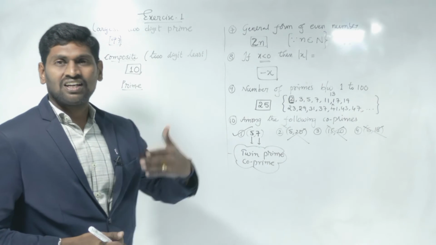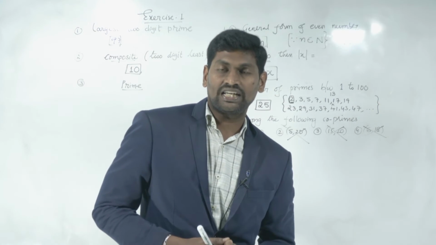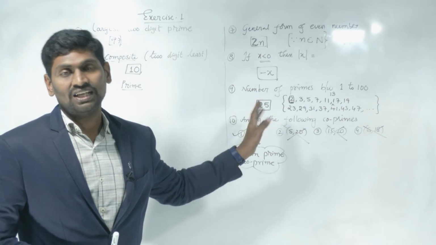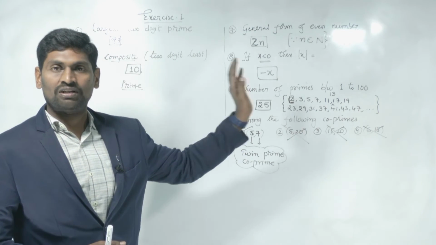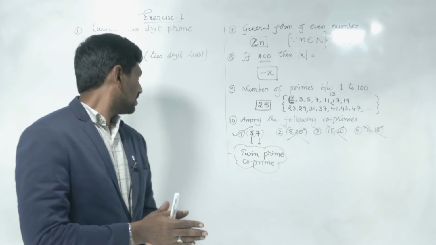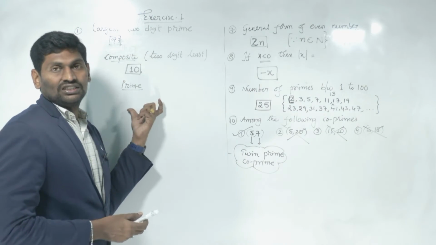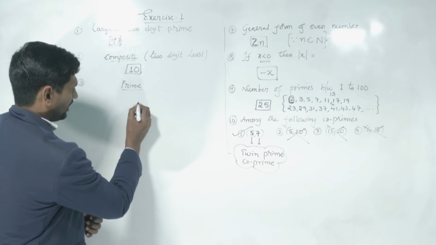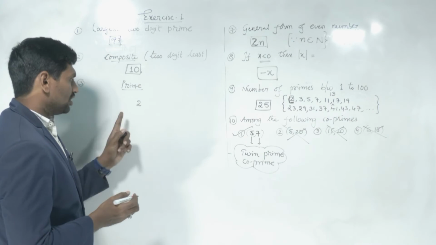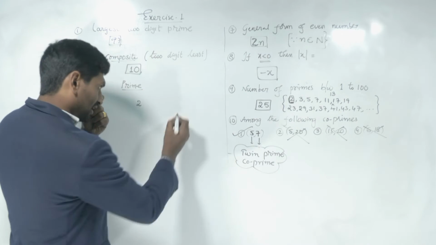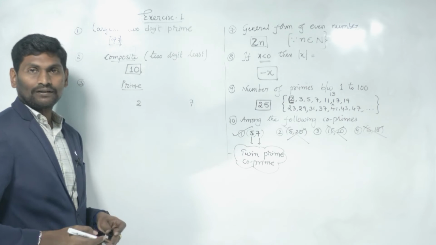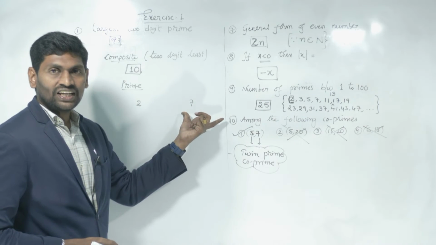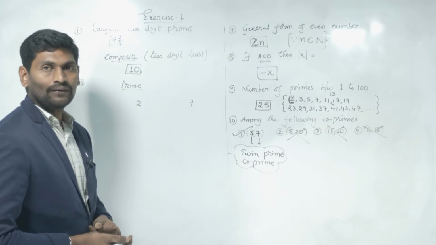Prime numbers, there are lots of prime numbers. An infinite number of primes are there. We cannot count them. So in that, which prime number should we take? Take any prime number. Let us take 2 or 3 examples. 2 is a prime number. 7 is a prime number.